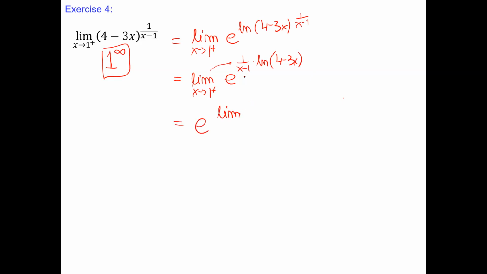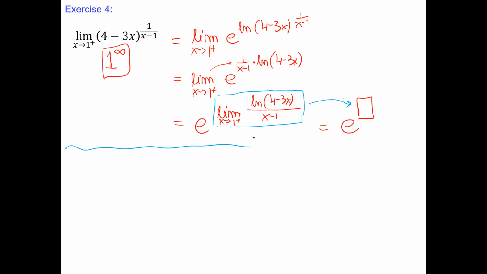And I can create a fraction right away, ln of (4 minus 3x) over x minus 1, because it's multiplied and x goes to 1. Okay, the final answer is e to the power of that number. But we have to find out.